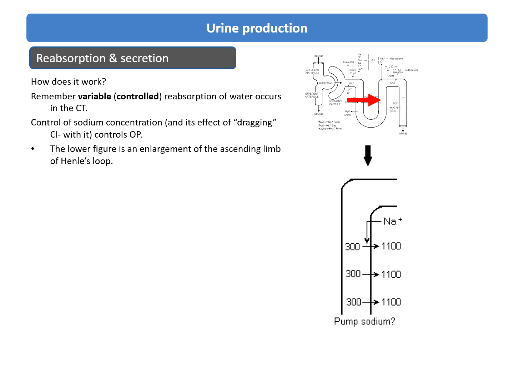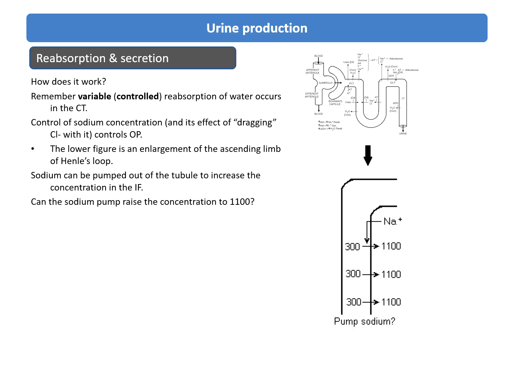The lower figure is an enlargement of the ascending limb of Henle's loop. Sodium can be pumped out of the tubule to increase the concentration in the interstitial fluid. Can the sodium pump raise the concentration to, say, 1,100 milliosmoles? No, it can't.